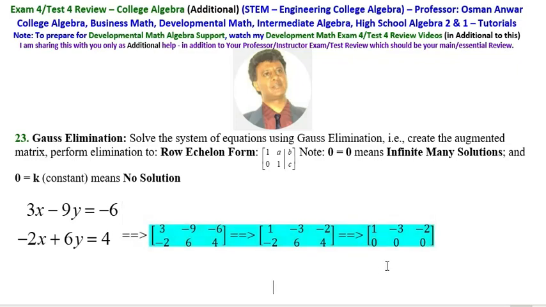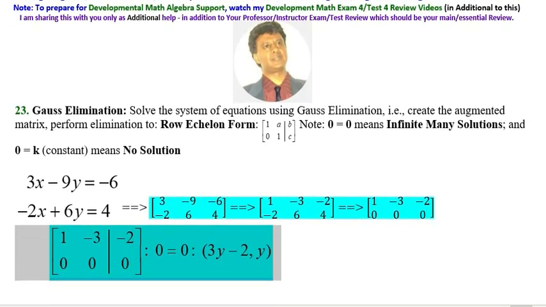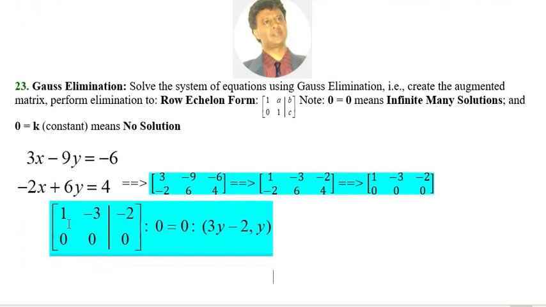So here notice you have 0, 0, 0. So that means x times 0 is 0, y times 0 is 0, and that is equal to 0. That is 0 equals 0. That means you have infinitely many solutions.